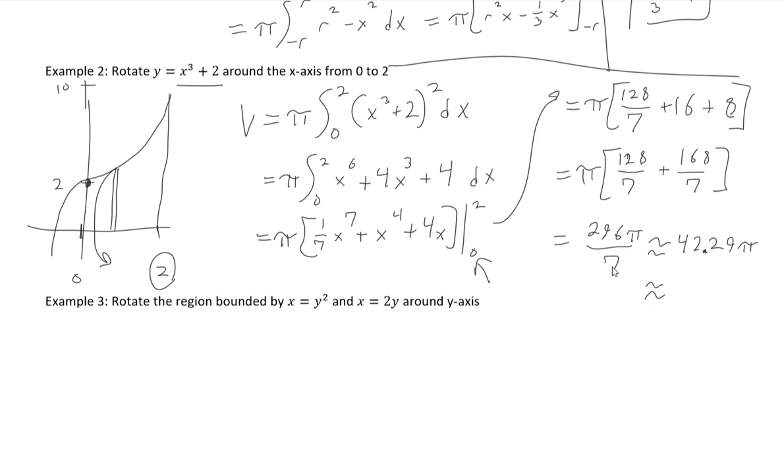Or if you then multiply that by pi, 132.84. All of those are viable answers. Again, I prefer the first one, because that one you should be able to do mostly without your calculator, and it's more exact.